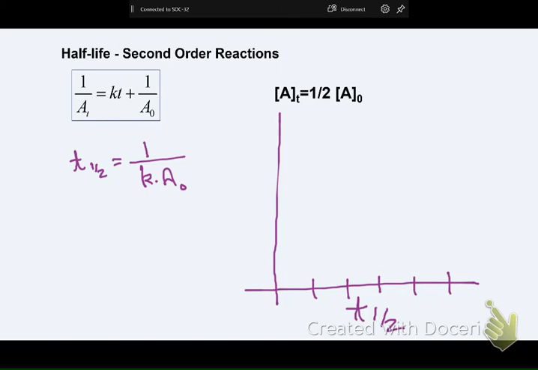So I'm going to pick the favorite concentration this time. Sorry. I'm going to make it 1. I get to choose 1 because I'm the teacher. What's the concentration at the first half-life? 0.5. Yeah, it's half, right?